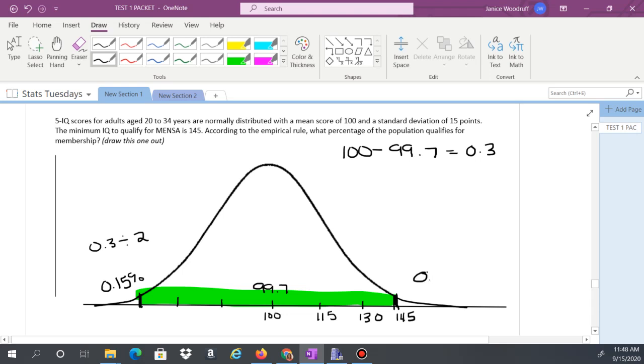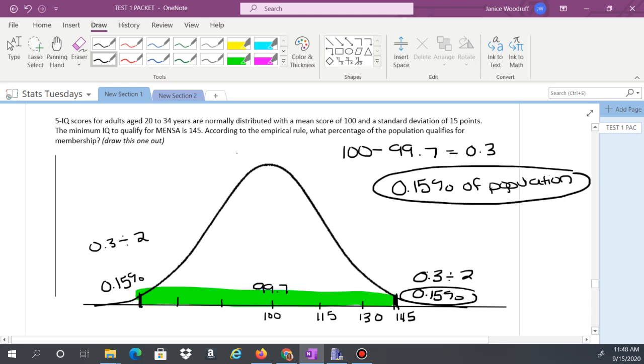Same thing over here. 0.3 divided by 2, 0.15% of the population. So 0.15% of the population qualifies for Mensa.